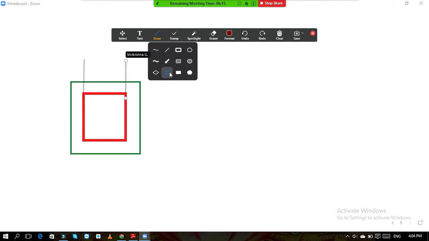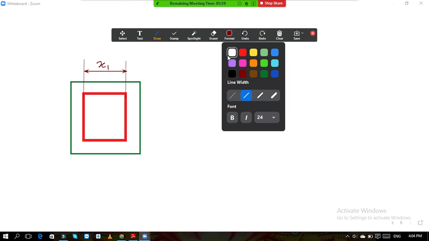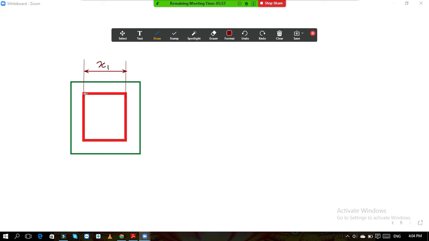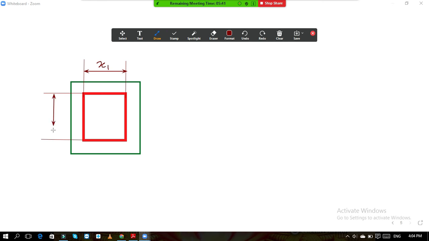So this distance is x1. And what is y1? From the center of this stirrup, the vertical distance from center to center is y1. So this distance, which I am showing right now in the figure, is your y1.